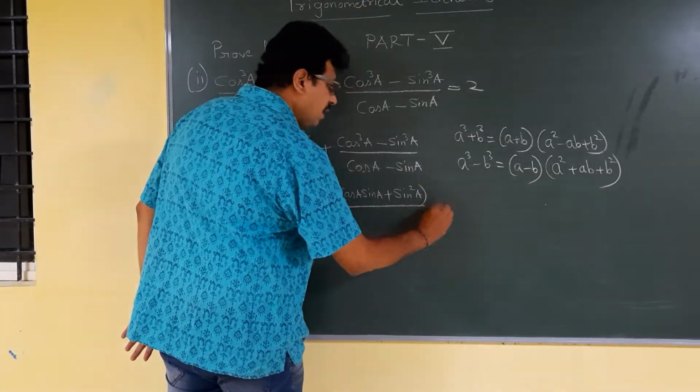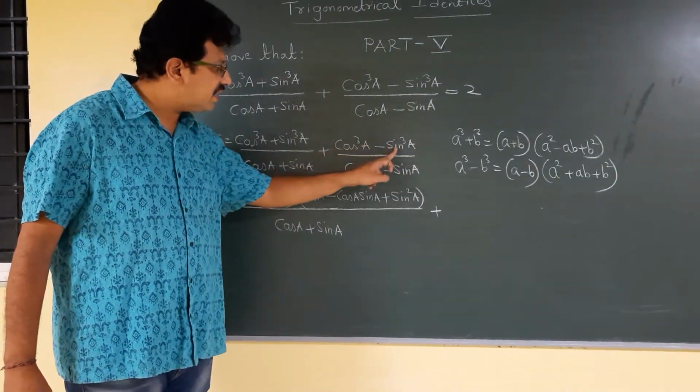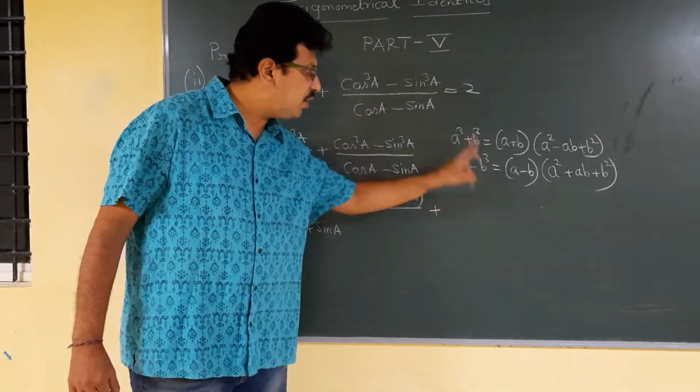Plus, we will continue with this part here. You can all observe here, cos cube A minus sin cube A. It is nothing but the a cube minus b cube formula.